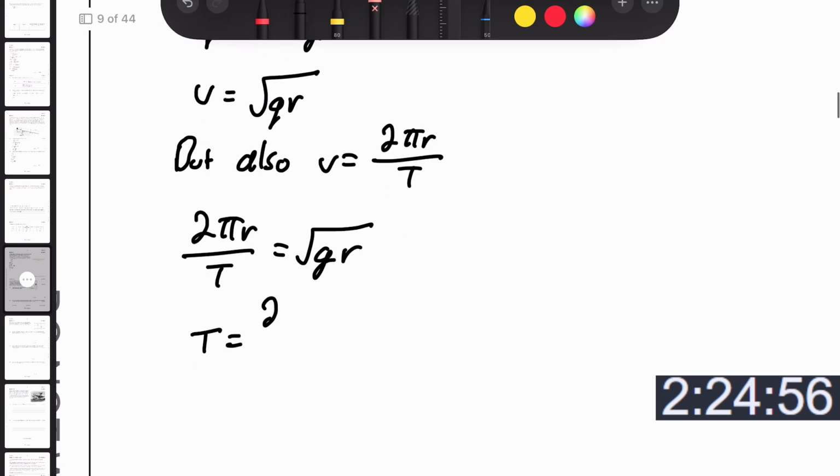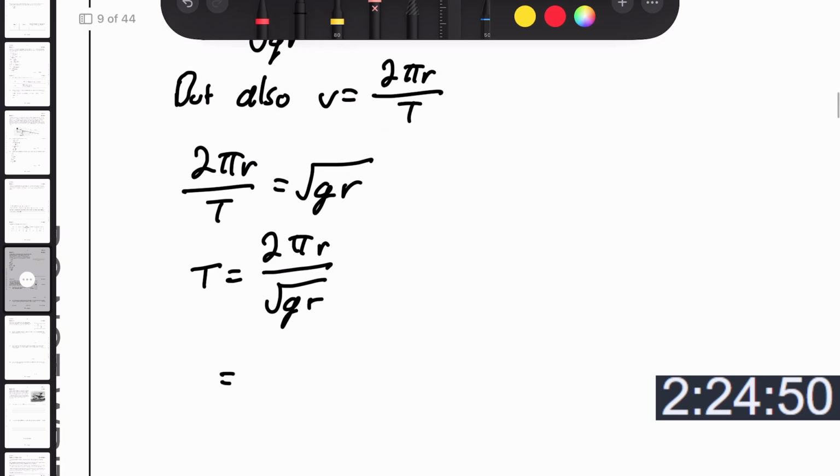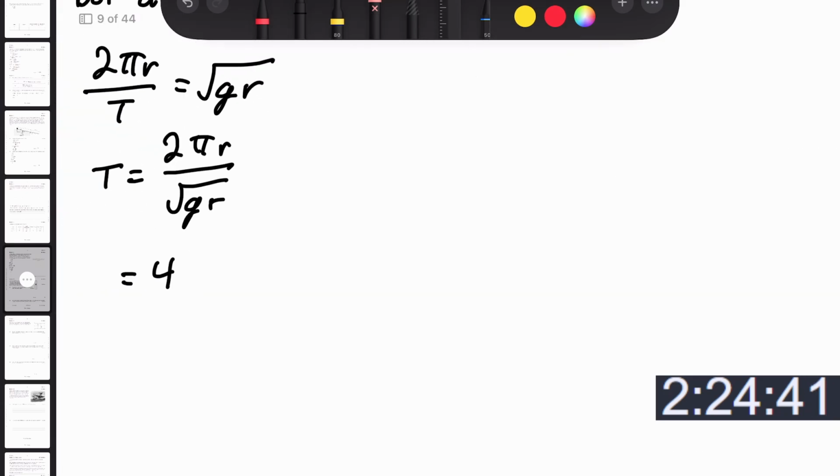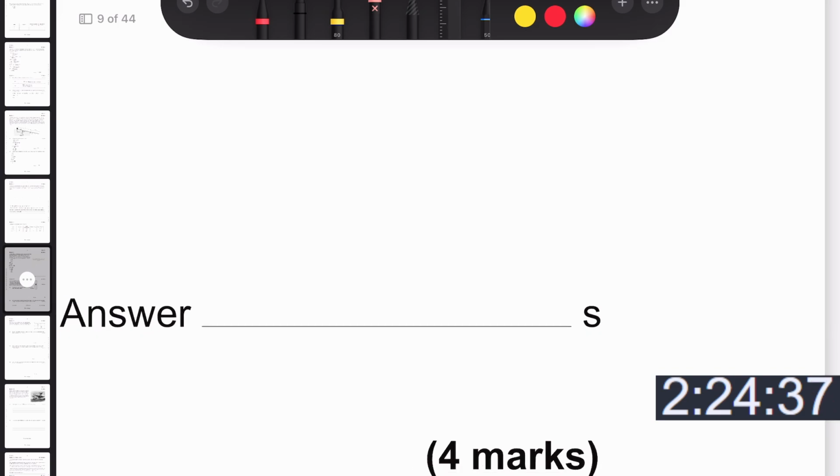So then t must equal 2 pi r over square root of gr. Should be 2 pi times 460 over square root of 460 times 9.8. 43.0 seconds. Ooh. Not sure if I like that answer.